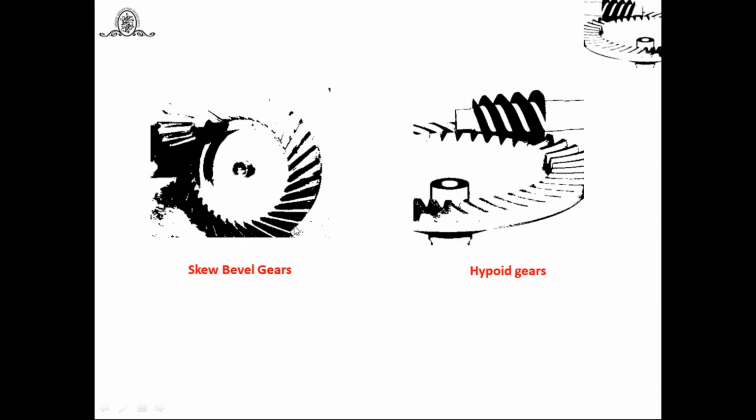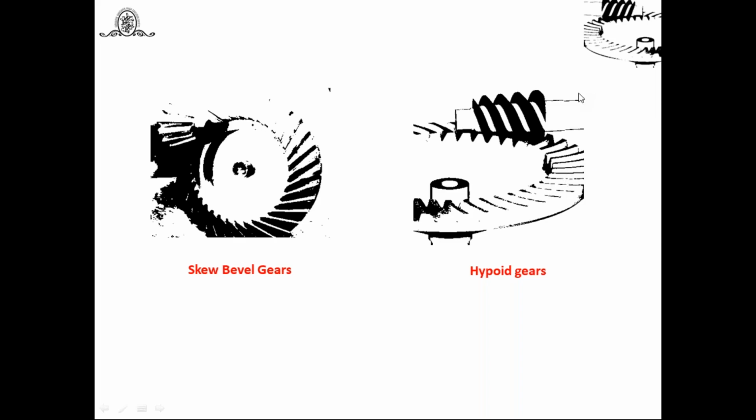Again, look at this. I have taken some of the figures from the internet. Skew bevel gears: skew means straight, and here they are not. You look at this, this is the axis of the bevel and this is the axis of the pinion, non-parallel, non-intersecting. That's why skew. And another one is the hypoid. Look at this hypoid, the curvature, that means it has spiral teeth on this gear and spiral teeth on the pinion.